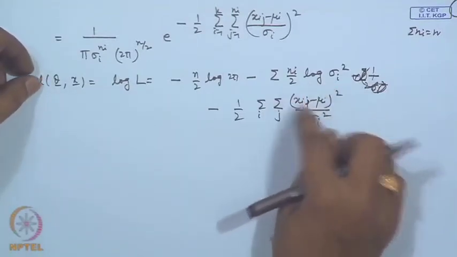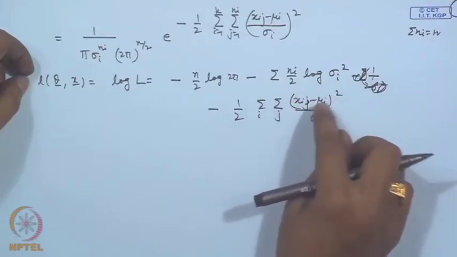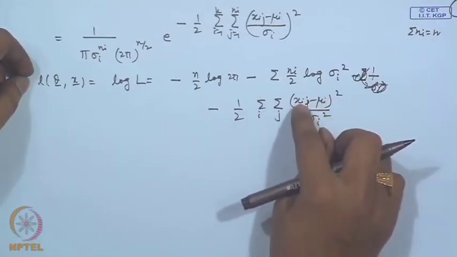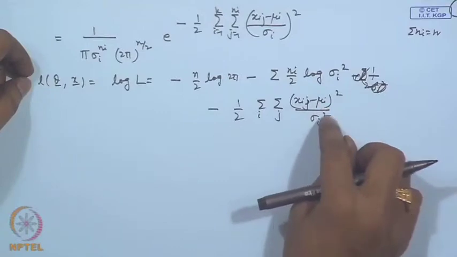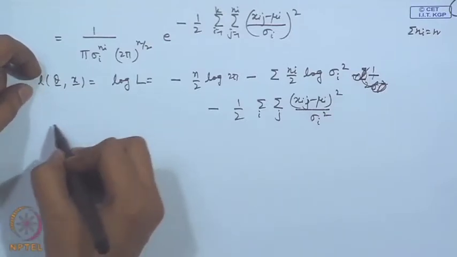So, you can easily see that if I consider the usual maximization with respect to mu_i's, it will occur at x_i bars, and if I do with respect to sigma_i square, I will get it at 1 by n_i sigma (x_ij minus x_i bar) square.